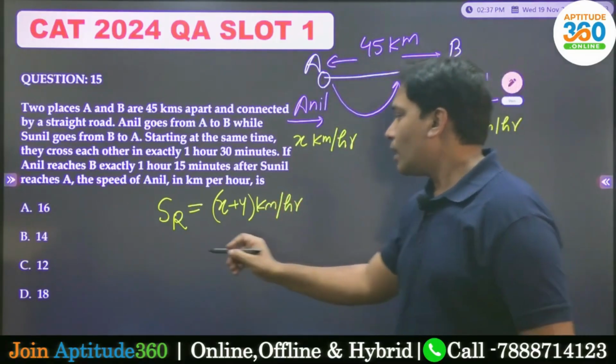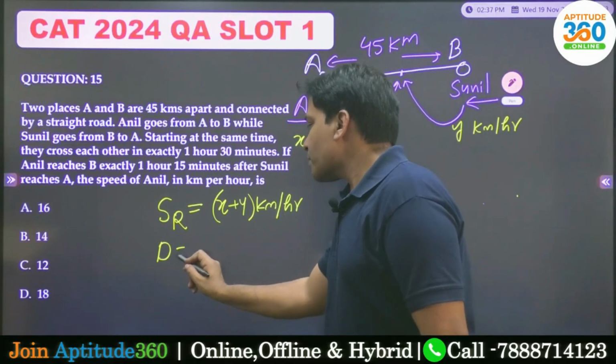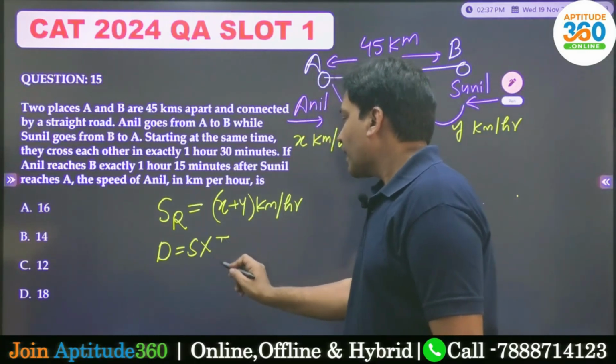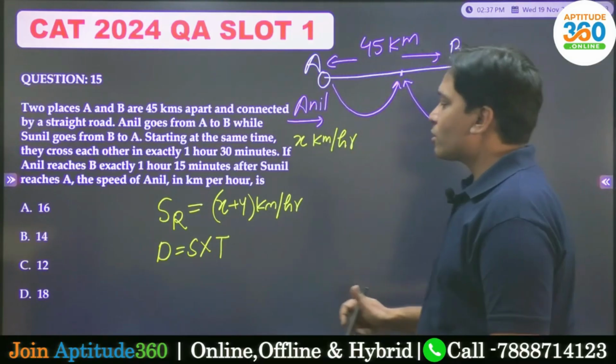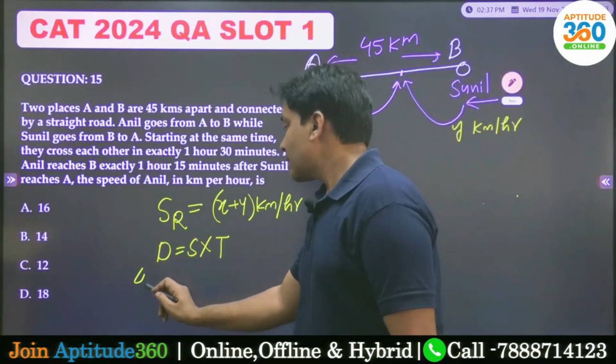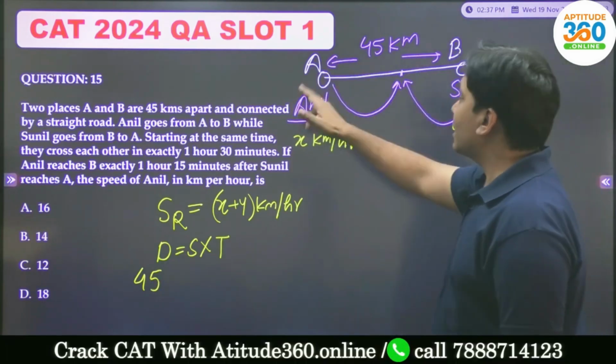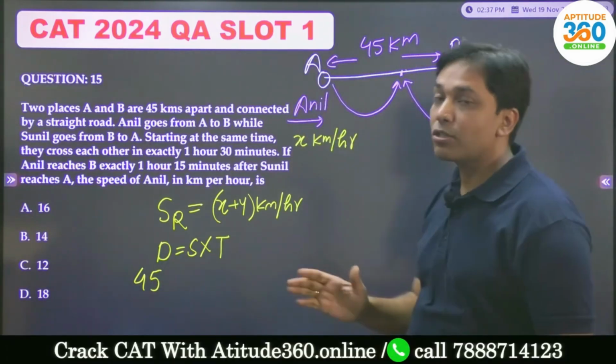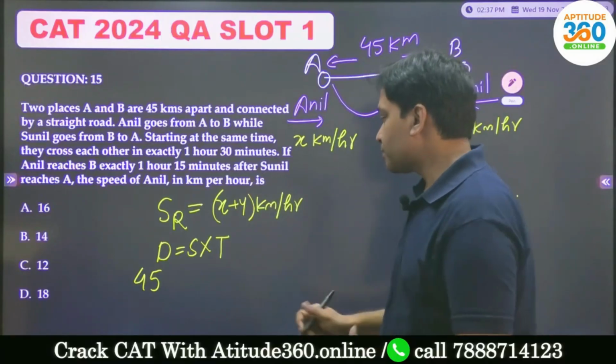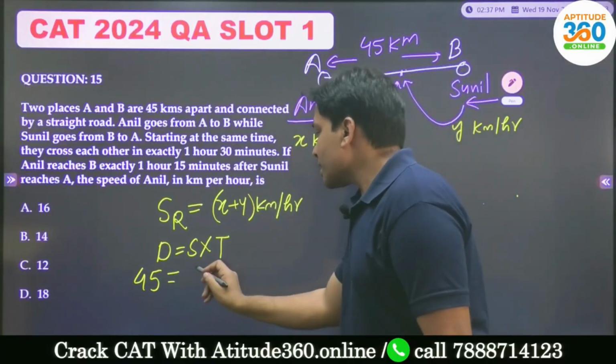Now, we know that distance is equal to speed into time. Collectively, they both are traveling a distance of 45 kilometers. Anil goes from here to here, and Sunil goes from here to here. So collectively, they have traveled 45 kilometers. And what is their collective speed?